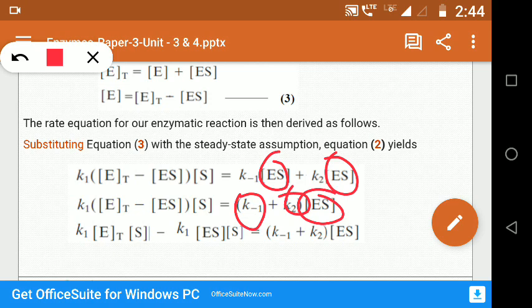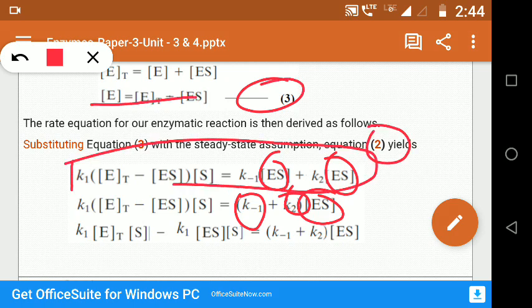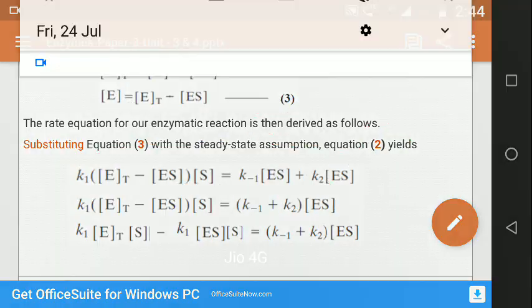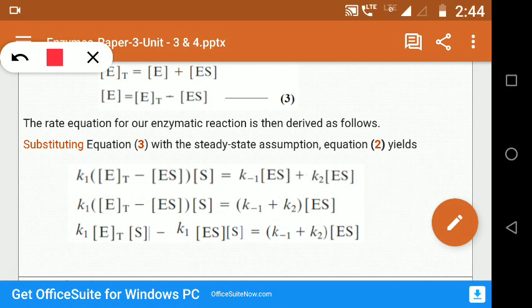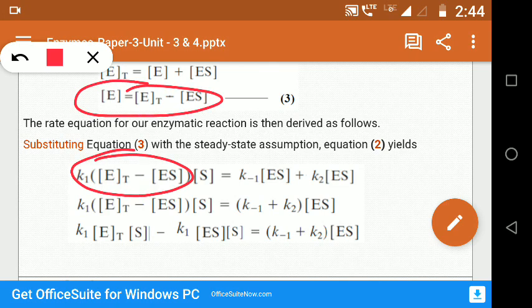Now if we put equation 3 into equation 2, substituting for E, which is ET minus ES, we have K1 into ET minus ES and substrate concentration equal to K minus 1 plus K2 into ES.